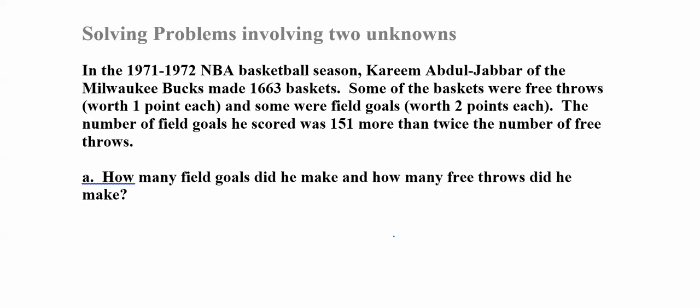So first let's focus on how many field goals did he make and how many free throws did he make. So we can let x equal the number of free throws that he shot, and y can equal the number of field goals.